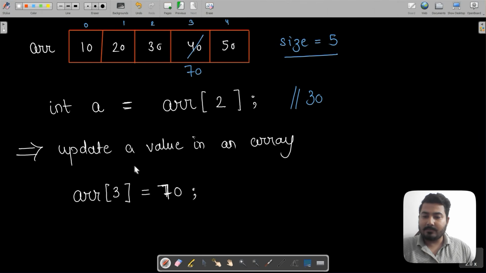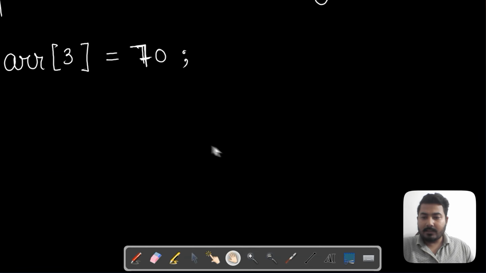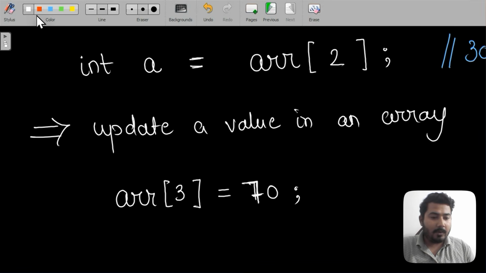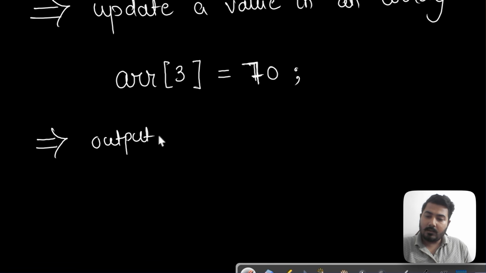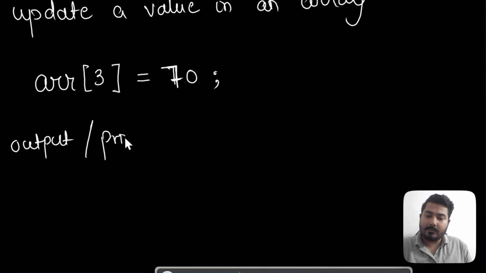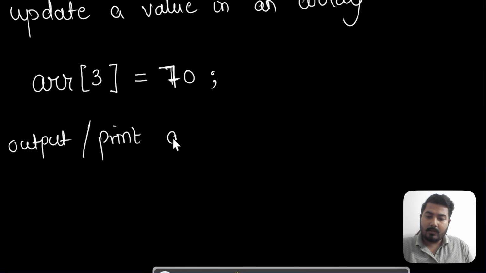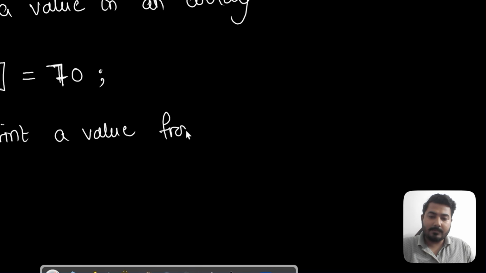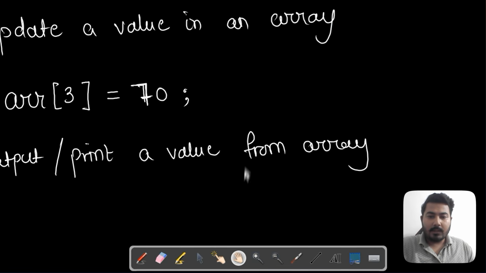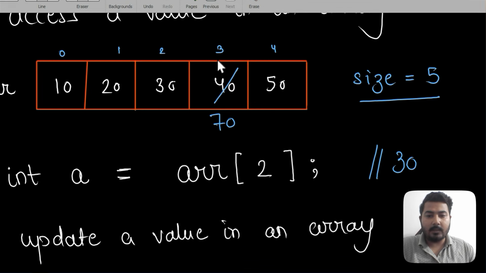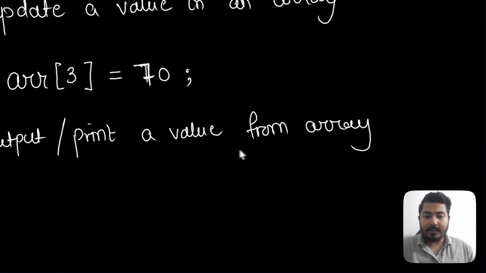As simple as that. One last thing, that is, how do you print a value at an index, or you can say output or print, anything you can say. Print a value from an array. Let's suppose I wanted to print the value at index 3.